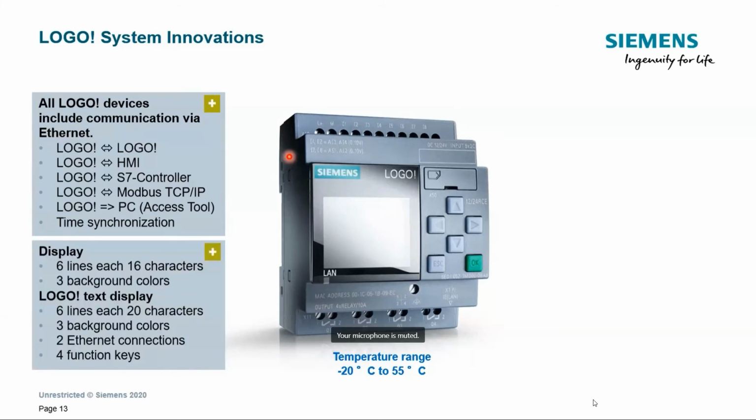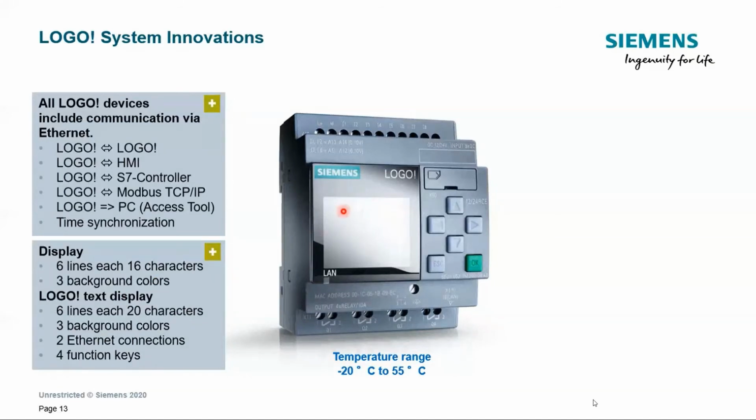Now the display for LOGO has also been innovated. For LOGO and the text display, the display is always 6 lines, but the width is different. So for LOGO, it's 16 characters. For the text display, it's 20 characters.